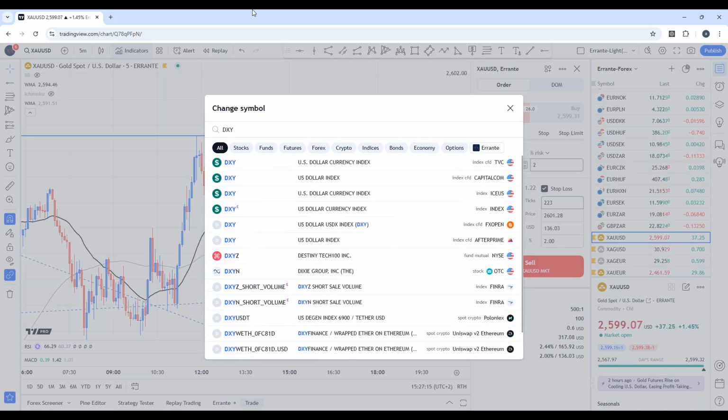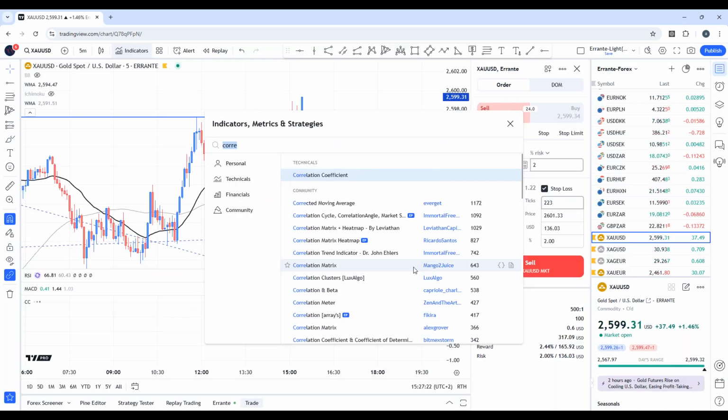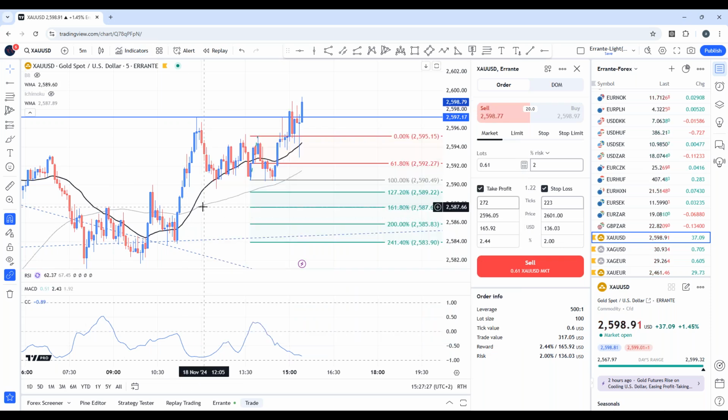They usually call it DXY. Yeah, the currency index is coming from around here, but for now, it doesn't matter. The correlation coefficient between USD and gold is changing a lot.